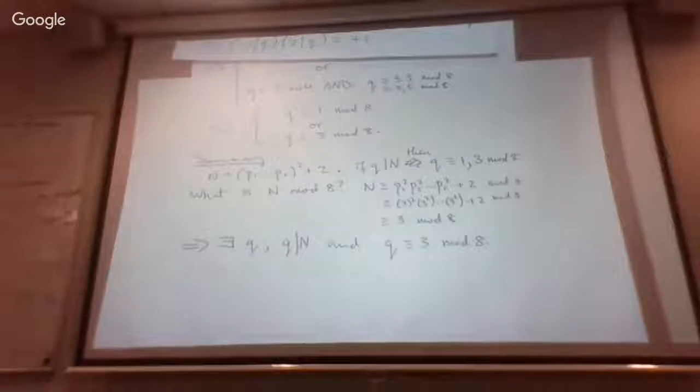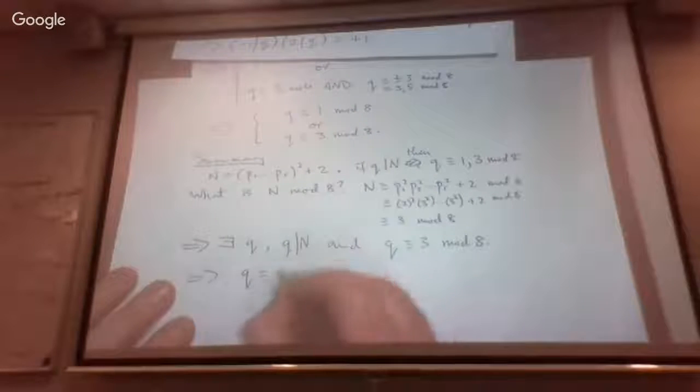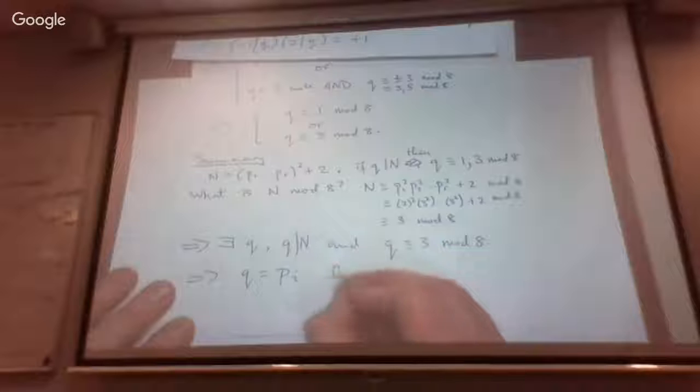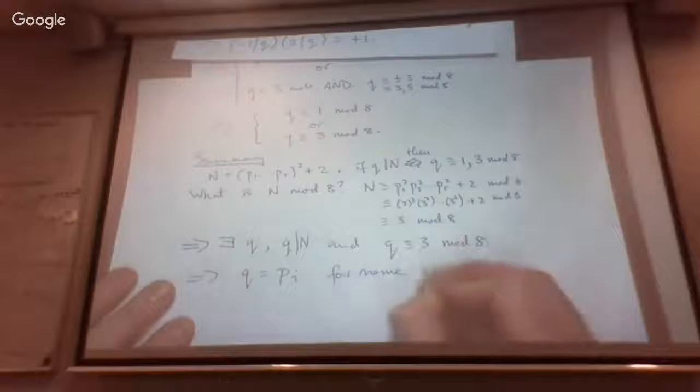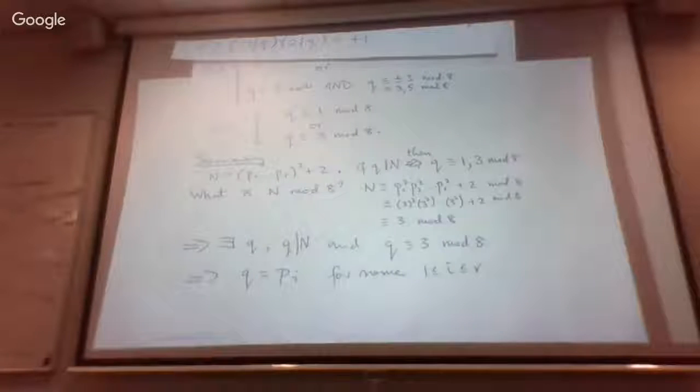And we have them all there, p1 to pr. So that implies that q is equal to one of the pi's. But then you force out the contradiction just like we did in the example.